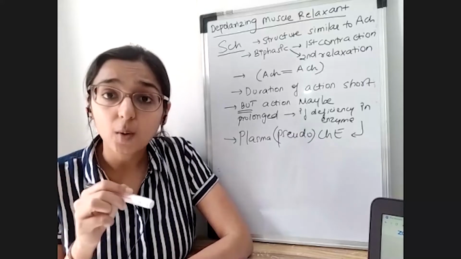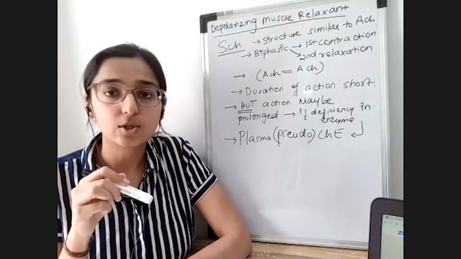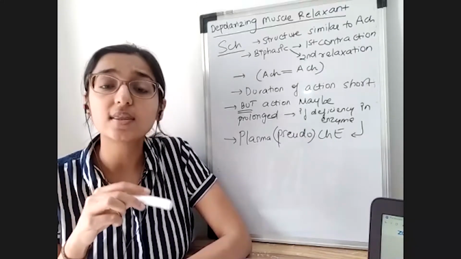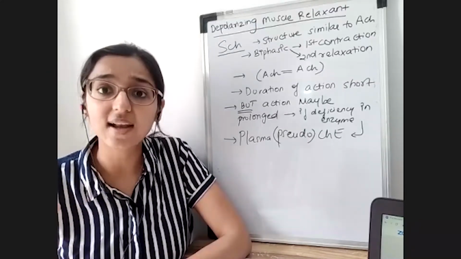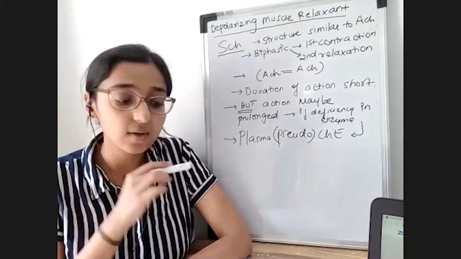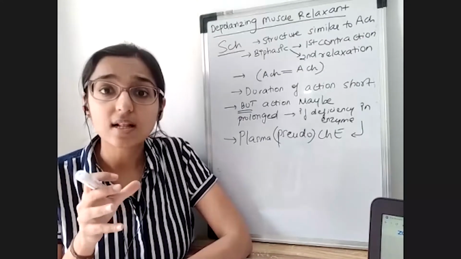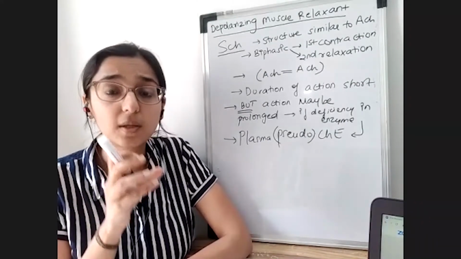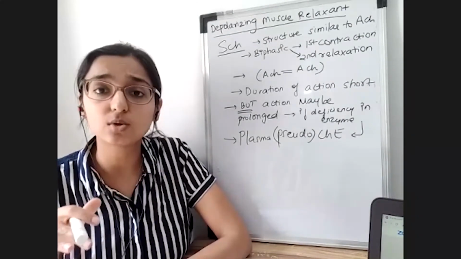But the problem is that it will cause repeated depolarization, and after repeated depolarization, there will be a phase of muscle relaxation. In the next part, we'll understand how this phase of repeated muscle contraction ultimately leads to relaxation.